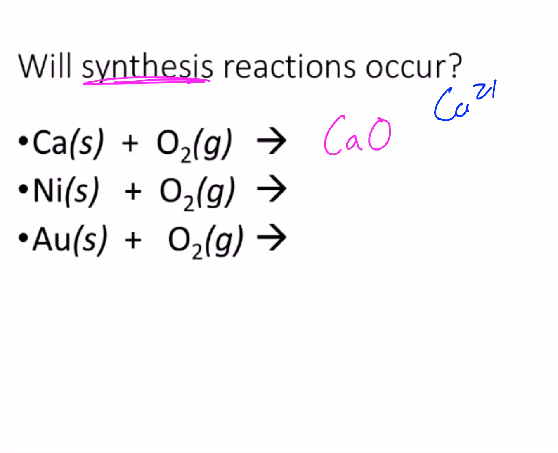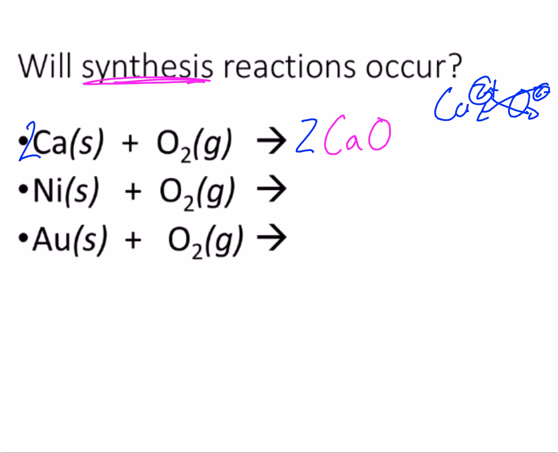Ca is a 2+, oxygen is a 2-. When we crisscross those, we get Ca2O2, but we have to reduce. You have to go back and do the crisscross, guys. Do not assume they're going to have the same subscripts when you're predicting products. Is this reaction good? No. What else do we have to do? Balance it. We need a 2 in front of Ca, and we need a 2 right there.